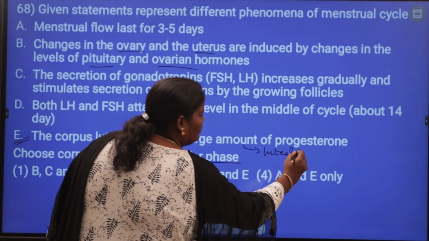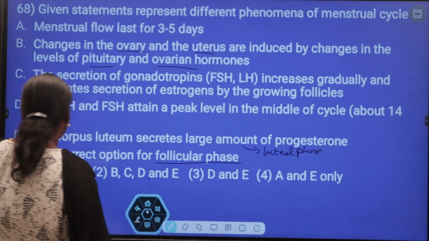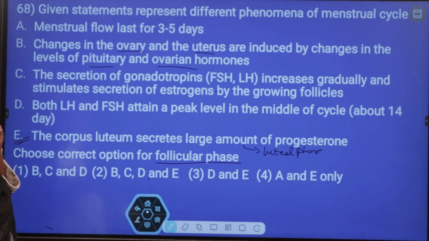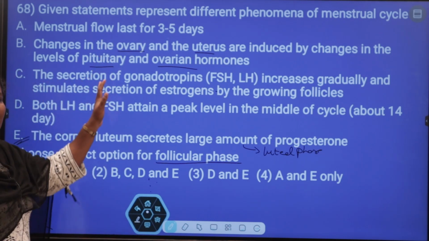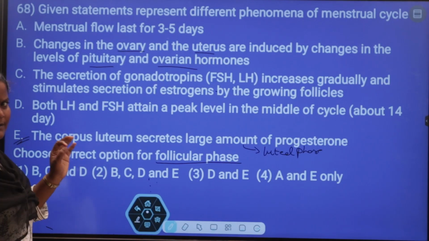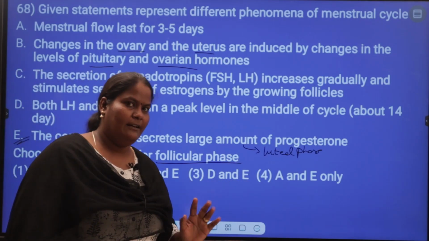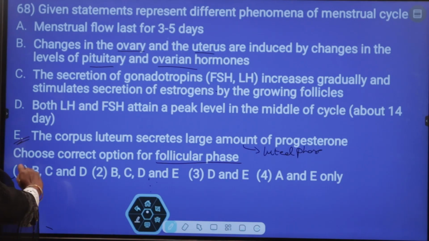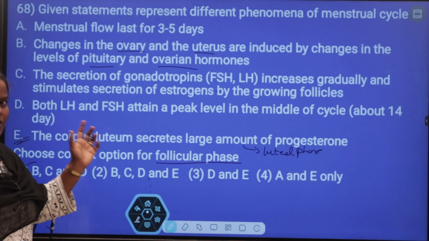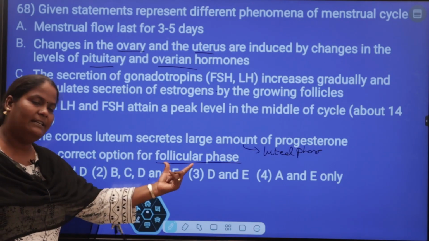So this option should not come. If you ask whether you have to do this for everything, there's a trick for you. This E which is present here, here, here, then simply the answer for this question is the first one. The option E belongs to the luteal phase which never comes under follicular phase.